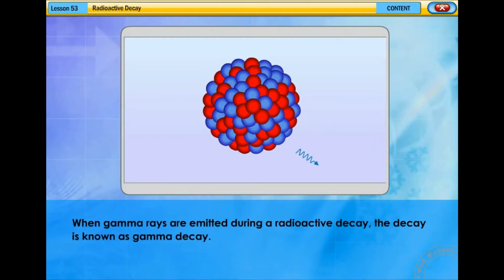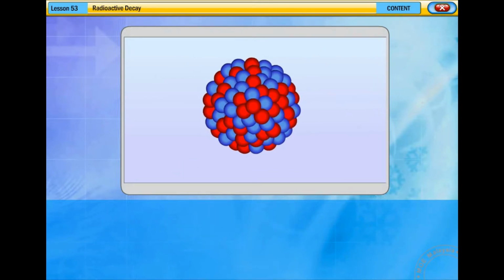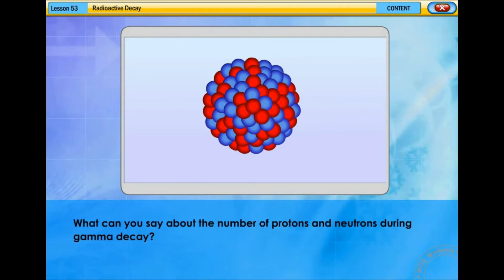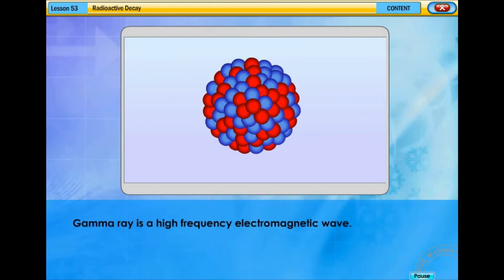When gamma rays are emitted during a radioactive decay, the decay is known as gamma decay. What can you say about the number of protons and neutrons during gamma decay? Gamma ray is a high-frequency electromagnetic wave.